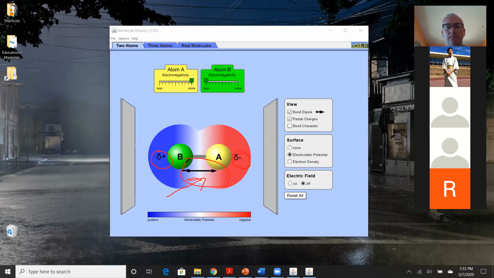The same direction? Same direction. Will it be the same size? So the overall dipole, you're saying, will point in the same direction.